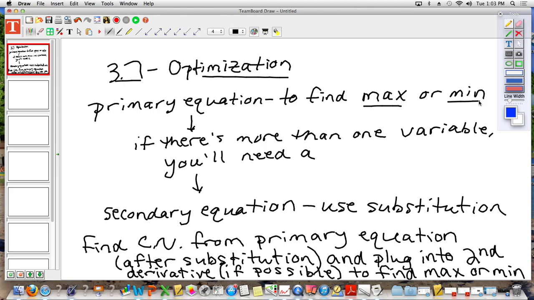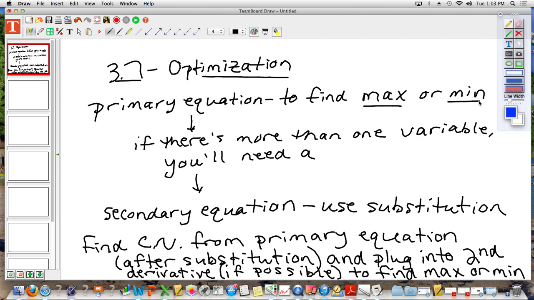So then your primary equation will only have one variable in it. And then you find the derivative like you normally do. Remember when you find derivatives and you find critical numbers, they get you relative maximums and they get you relative minimums. Are you with me here?